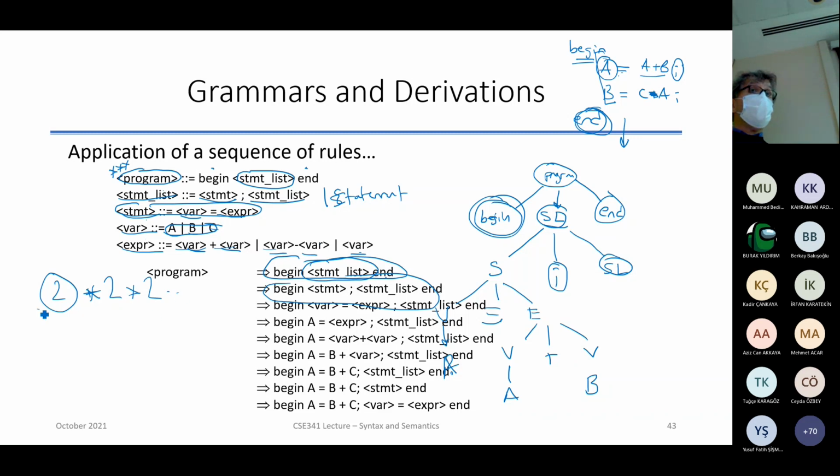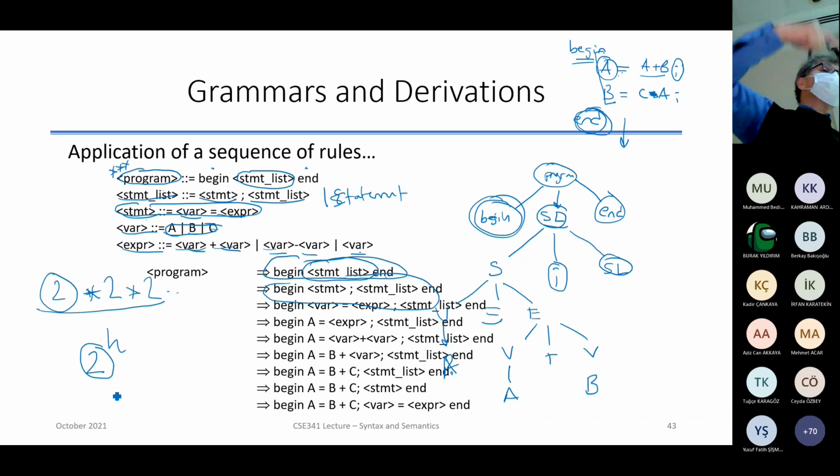So depending on the number of options and the depth of the tree, if you have on average 2 options and your height is h, then you have 2 to the h different options that you need to try.